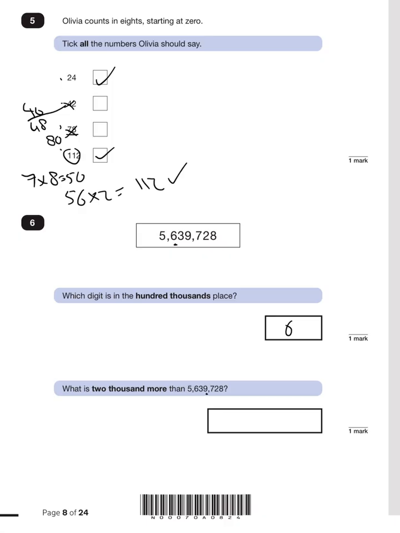This is the thousands, but it's at 9, so we're going to look at 39. 39 plus 2 is 41. So the answer would be 5,641,728.